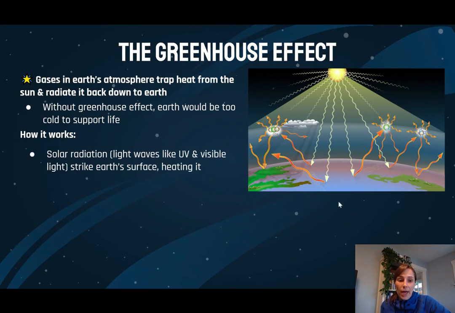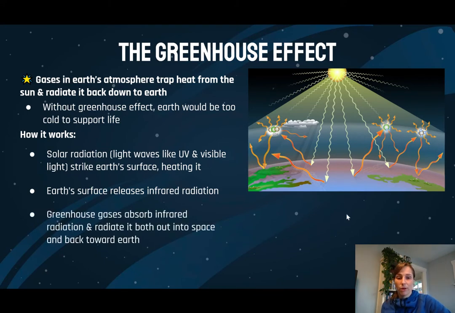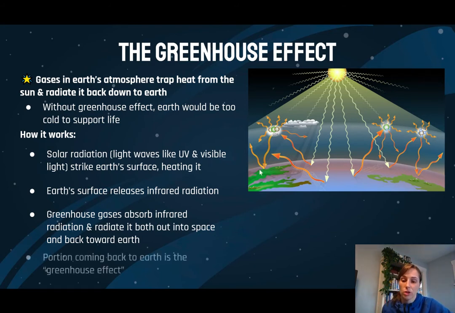So when we have this radiation hitting our Earth, it is going to hit Earth's surface. Earth then releases this infrared radiation back. The greenhouse gases are going to be absorbing that infrared radiation, radiating it back out into space and back towards Earth.